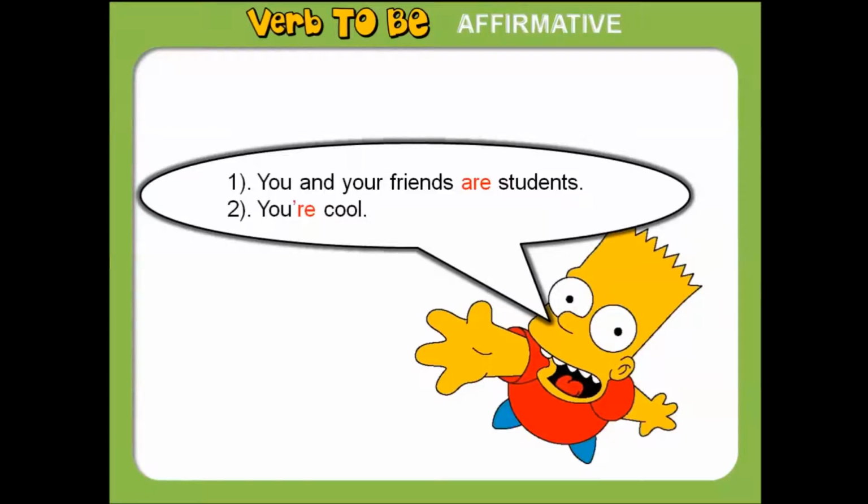If the subject is the singular form, we use is, and if the subject is the plural form, we use are. The exceptions are the pronouns I and you. For the subject I, it is always used with am, although it is a singular form. You is always used with are, although you is used in a singular form or plural form. Again, a singular subject is used with is, a plural subject is used with are, except the pronouns I and you.